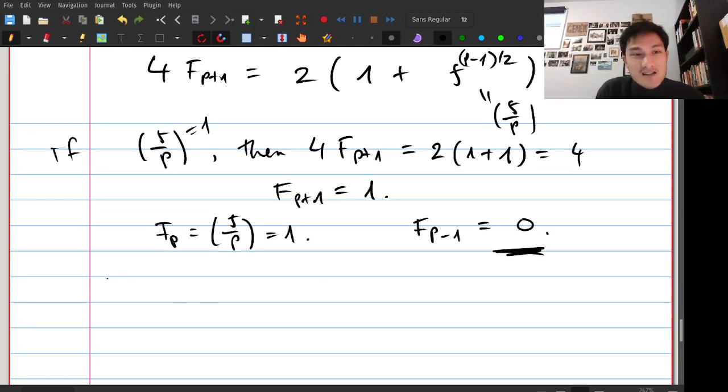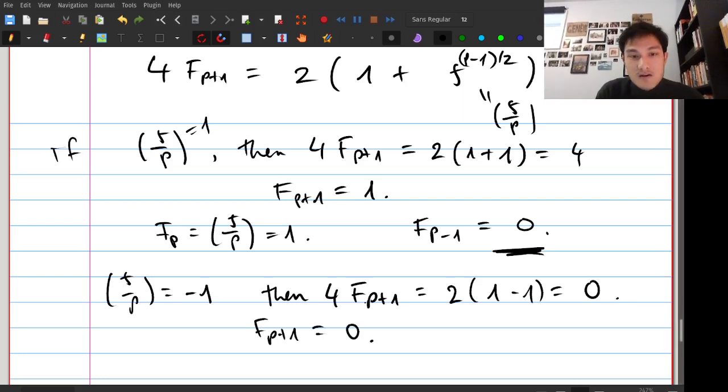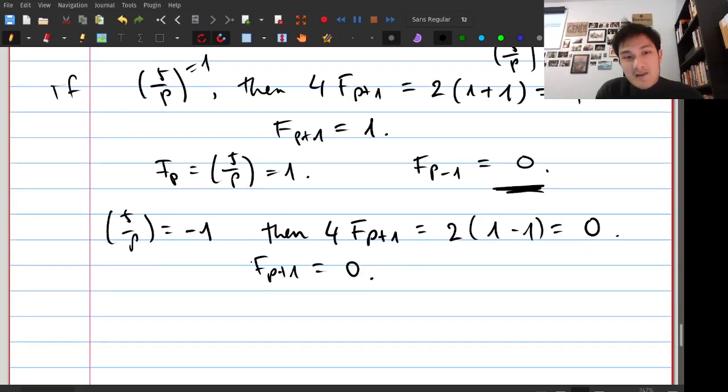The easier case is actually when the Legendre symbol is minus 1, then 4 f p plus 1 is equal to 2 times, well, it's 1 minus 1 equals 0, so f p plus 1 is equal to 0, and that's exactly what we wanted, right? So this is equal to f p minus the Legendre symbol. And that's it.